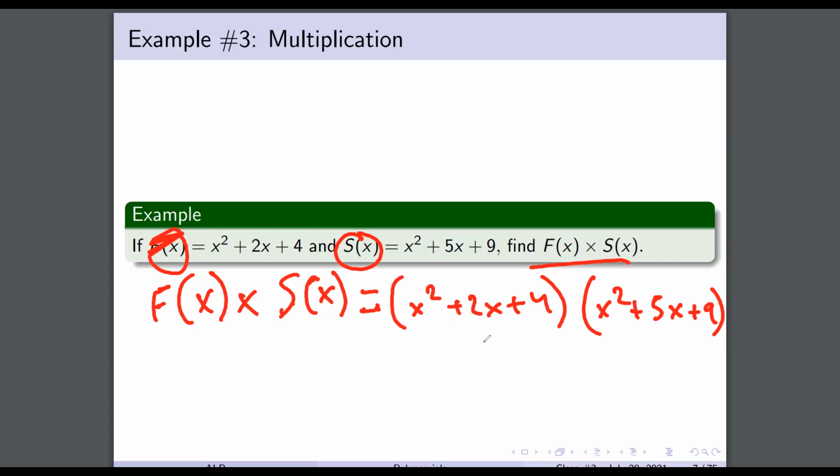There's not much space here, so I'll do it on the next one. But basically, this is what we want to expand, and we expand by using like terms.